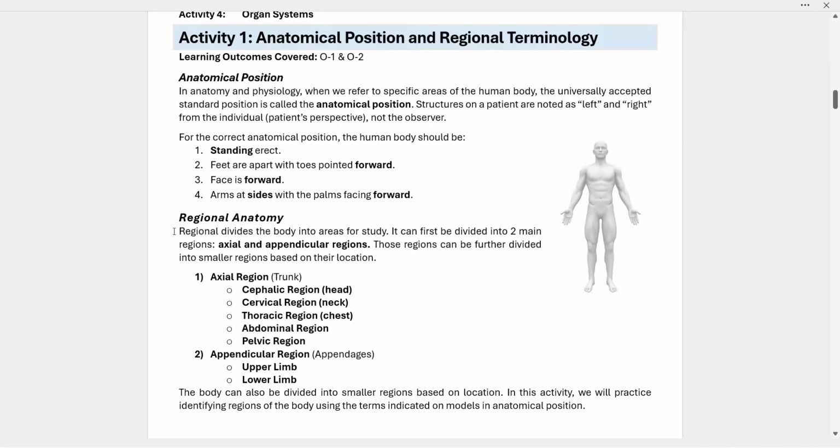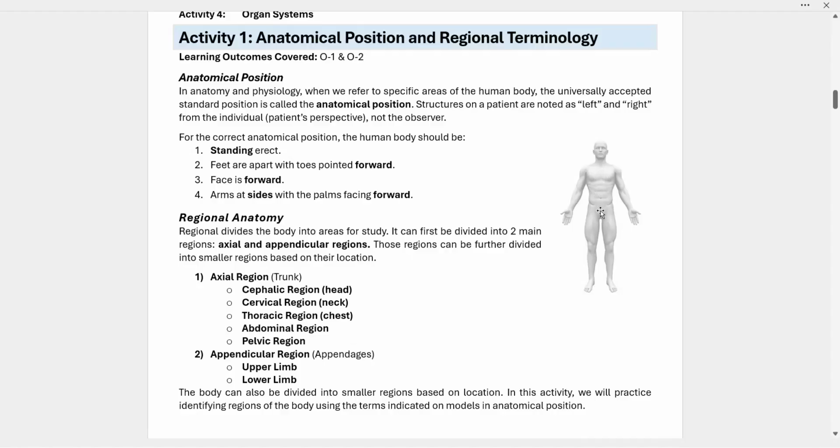Regional anatomy divides the body into areas of study. It can be divided first into 2 main regions, axial and appendicular. So axial is going to be the trunk area. So it's going to be basically everything down the middle. We have the head, the neck, the chest or the thoracic area, the abdominal area, and the pelvic area.